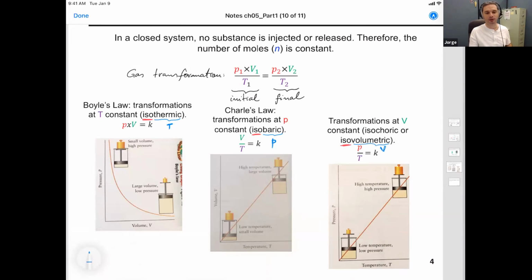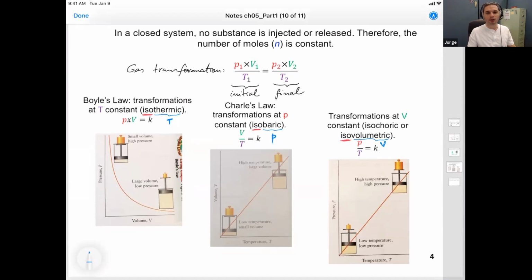Okay, isovolumetric, any transformation where the volume is kept constant. Those transformations are also called Gay-Lussac transformations, and they happen with a constant volume, which means that the initial volume of the system is the same as the final volume of the system.